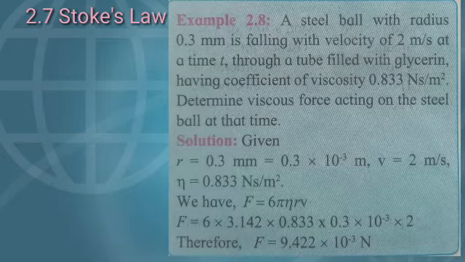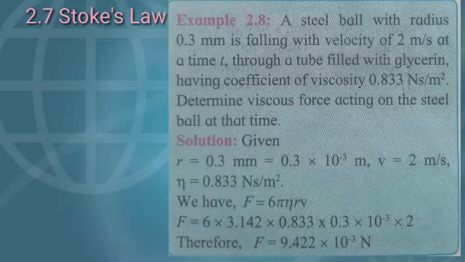Here the given data: the radius of the sphere is 0.3 mm. Convert it into the SI system, it will be 0.3 into 10 to the power minus 3 meter. Velocity of the sphere is 2 meter per second and the coefficient of viscosity eta is 0.833 Newton second per meter square.